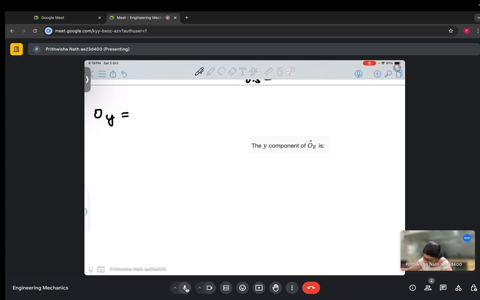So OY is minus of 1.6988, which implies that the direction is reversed.